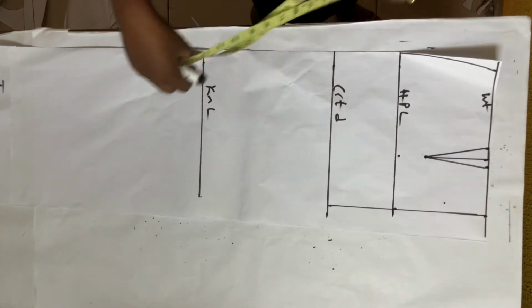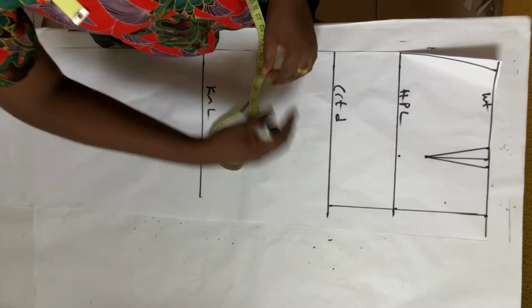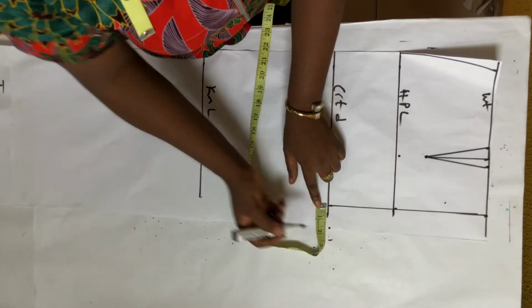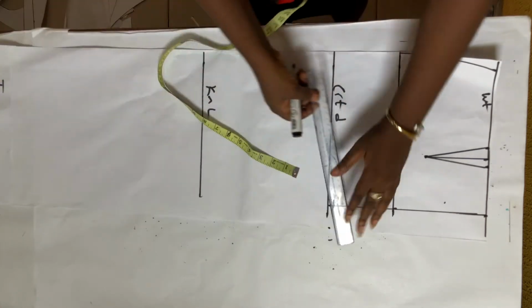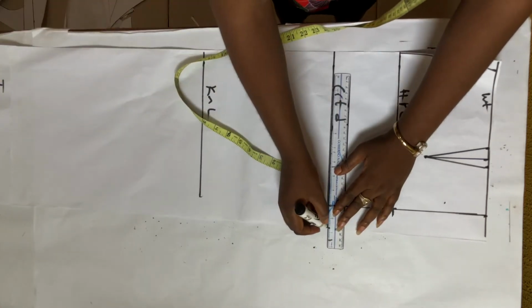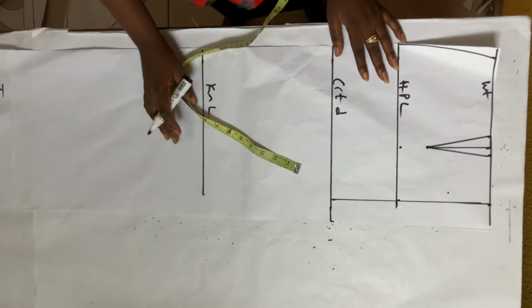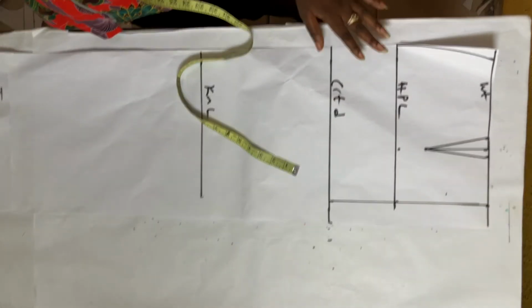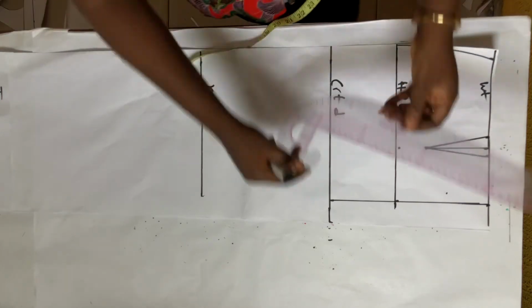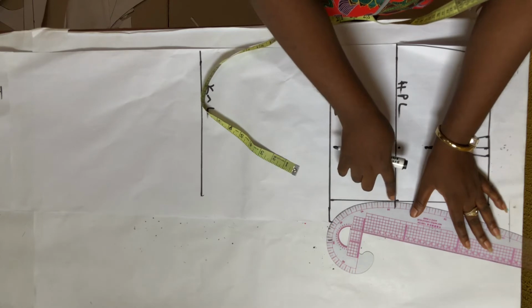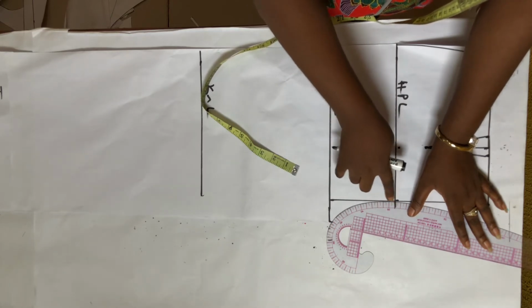The next thing I'm going to do on the crotch depth line, I'm going to measure 1.5 and draw a straight line there. I'm going to use my French curve from the 1.5 into the hip length area.